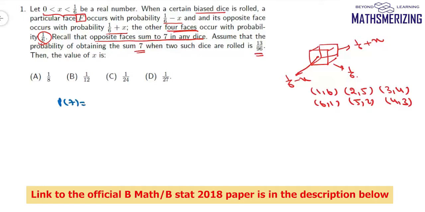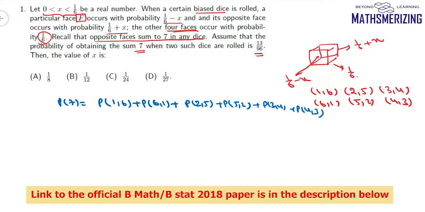So the probability of getting the sum 7 is when we get either 1 6 or 6 1 or 2 5 or 5 2 or 3 4 or 4 3.